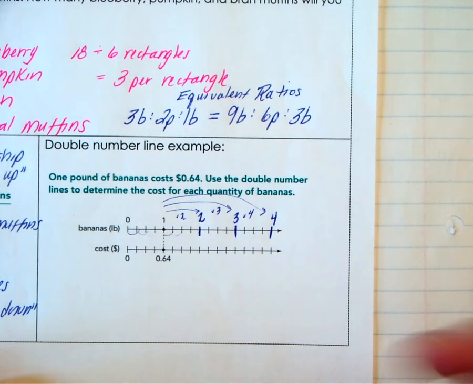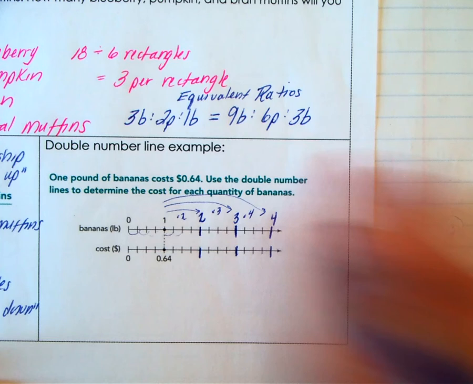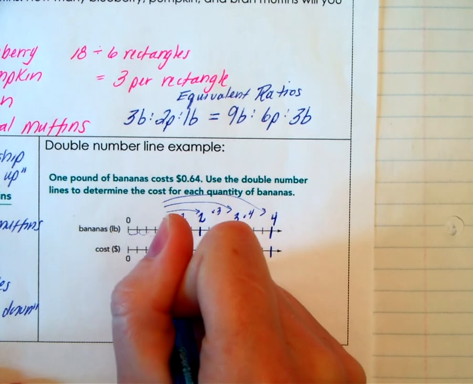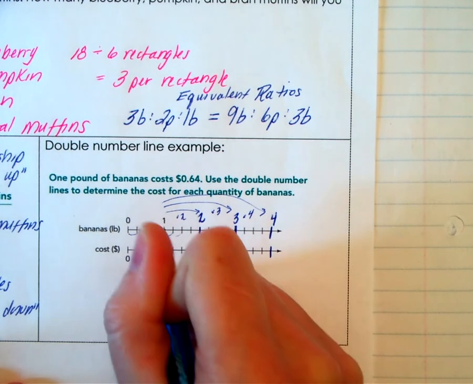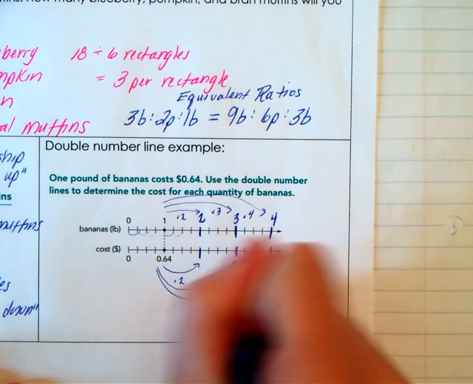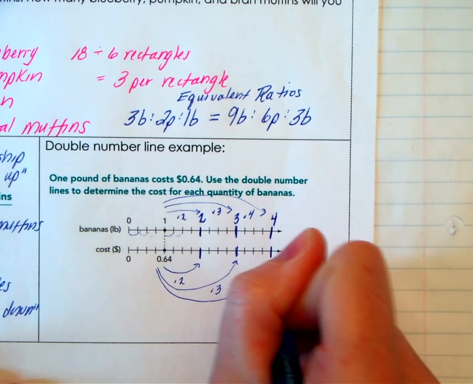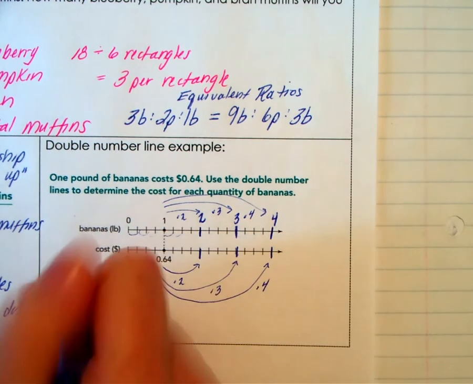So to be fair, I would have to do the same thing on the other line. So this would be 64 cents times 2. Or 64 cents times 3. Or 64 cents times 4. So we're going to find our solutions for these.